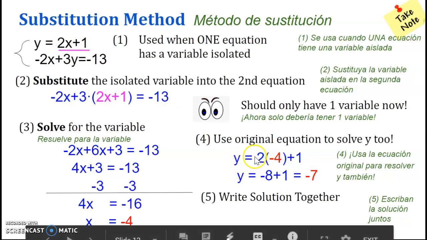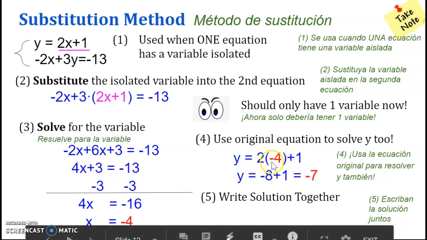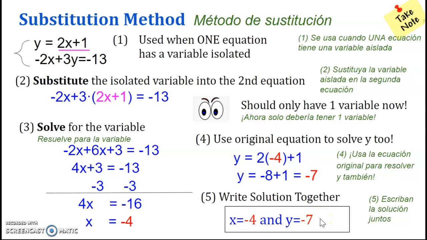So y is equal to 2 multiplied by negative 4 plus 1. 2 multiplied by negative 4 is negative 8, plus 1, that's negative 7. So we have figured out the x value is negative 4, and the y value is negative 7.